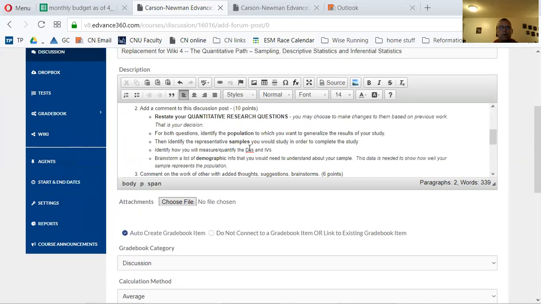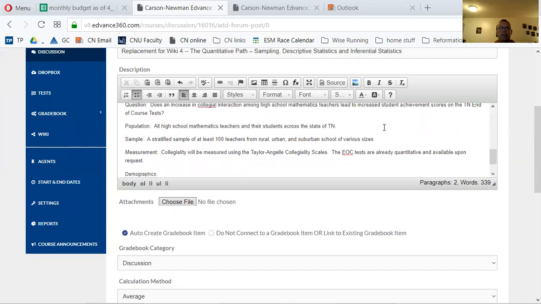But then you are going to look at how you measure your dependent variables and independent variables. And then you're going to brainstorm a list of demographic info, which is descriptive statistics, that you will need to understand about your sample in order to really understand who you can generalize it to.